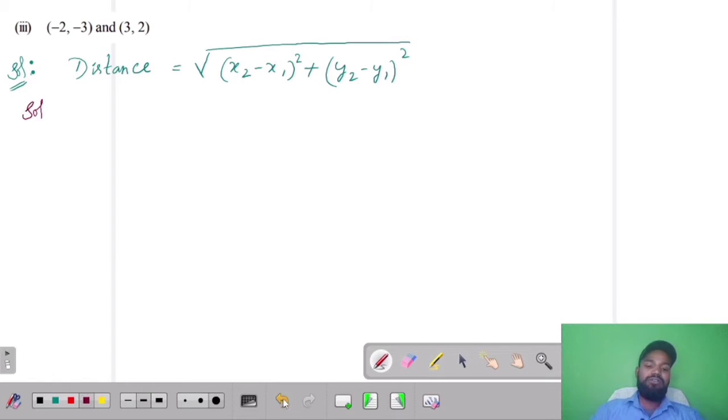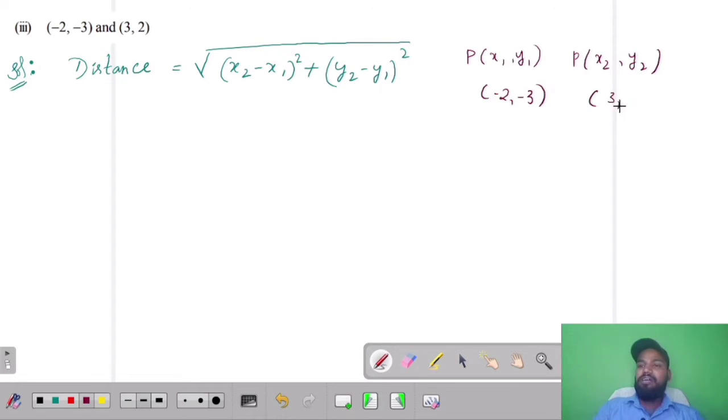Already written, right? No need to write again. Consider P of x1 comma y1 and Q of x2 comma y2. So here minus 2 comma minus 3 and 3 comma 2. These are the values. Substitute the values in the formula.